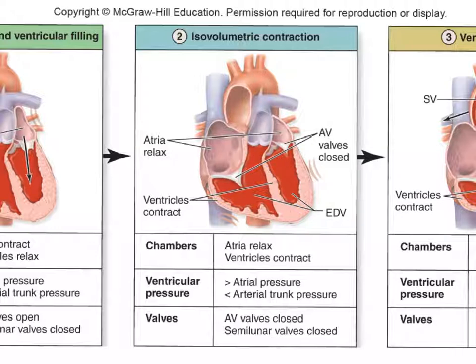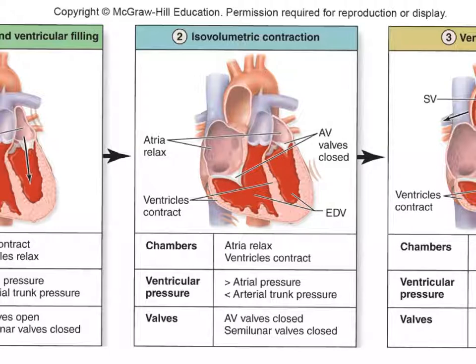Now the atria relax, and the AV node fires, through the bundle of His, down the bundle branches into the Purkinje fibers, and the ventricles are going to contract. This is an isovolumetric contraction. As the ventricles start to contract, it snaps the AV valves closed. What does that do?